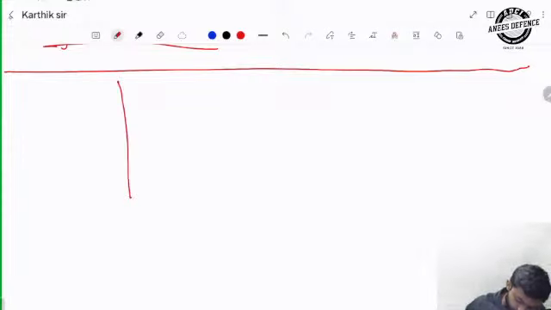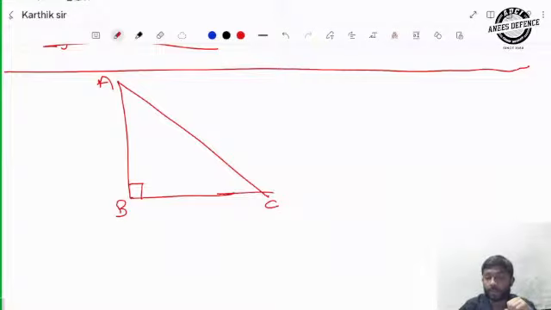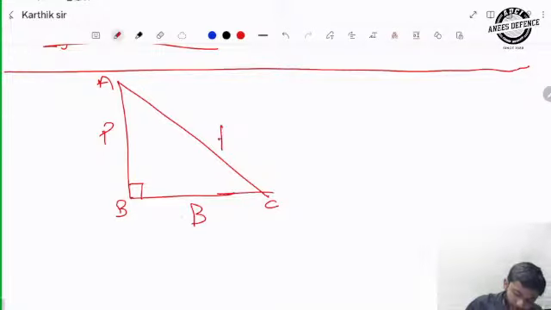If there is a triangle with a 90 degree angle, name it A, B, C, and you have to find the angle. This will be the perpendicular, this will be the base, and this will be the hypotenuse. Any doubt?